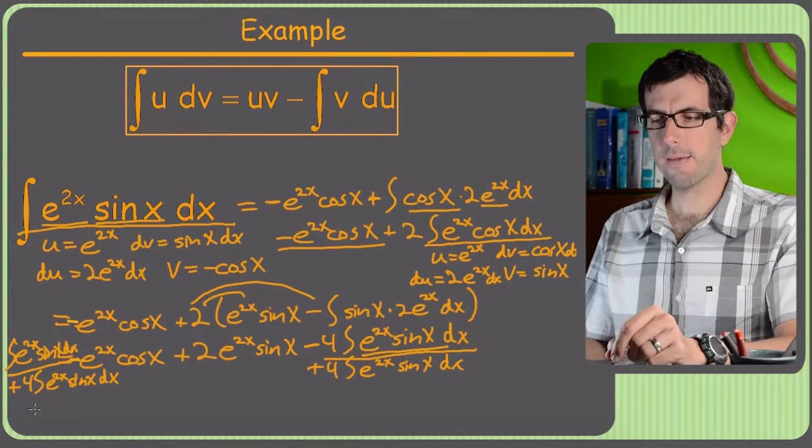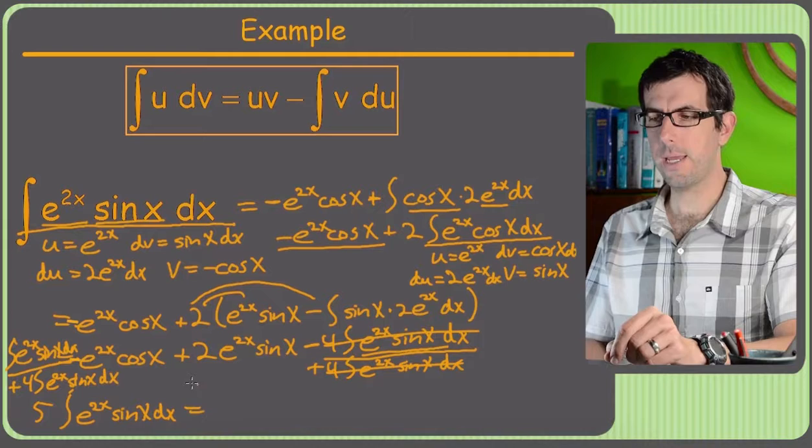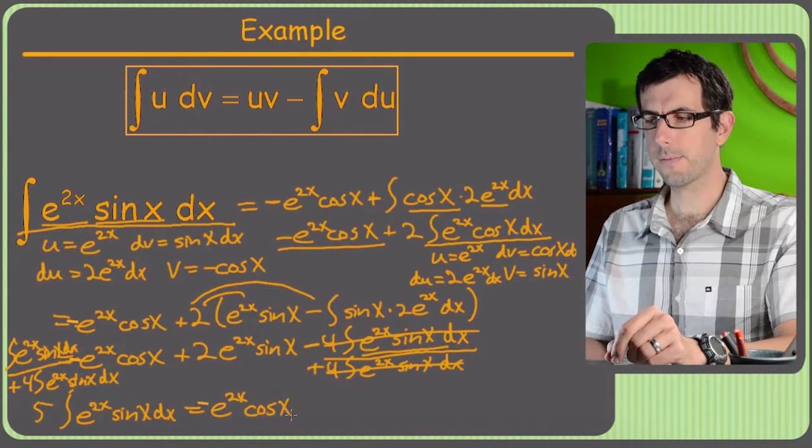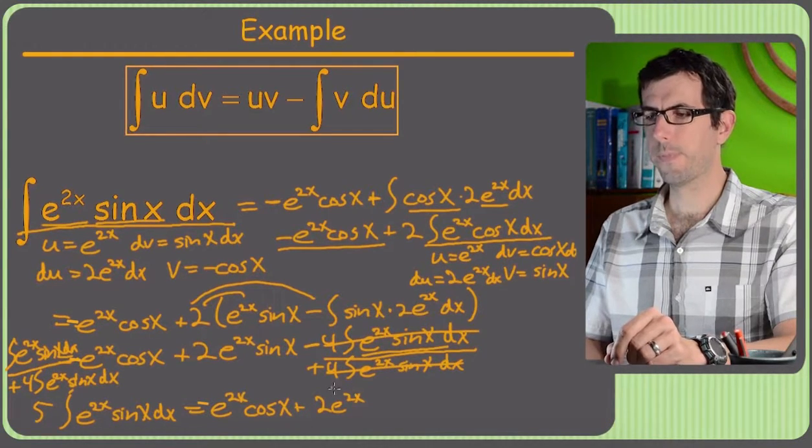So once I do that, I get that 5 times the integral of e to 2x sine x equals, so that cancels that, and on the right side I now just have e to the 2x cosine x plus 2e to the 2x sine x.